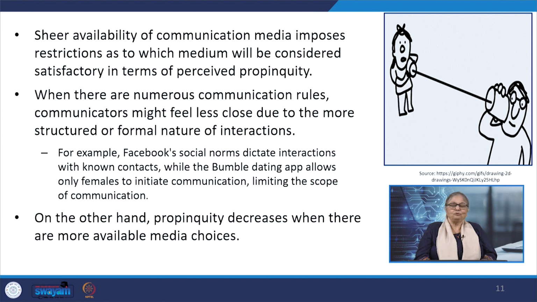When there are numerous communication rules, communicators might feel less close due to the more structured and formal nature of interactions. For example, Facebook social norms dictate interactions with known contacts, while the Bumble dating app allows only females to initiate communication, limiting the scope of communication.